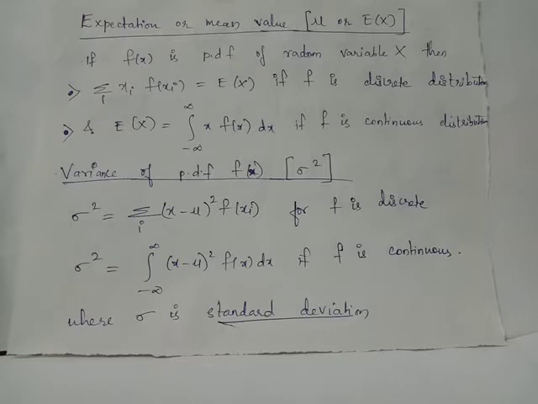Regarding the probability density function, for each observation xi in the considered distribution, we have f of xi, which gives us the probability of the observation xi. For a discrete distribution, for each observation xi, there will be a distinct f of xi value.